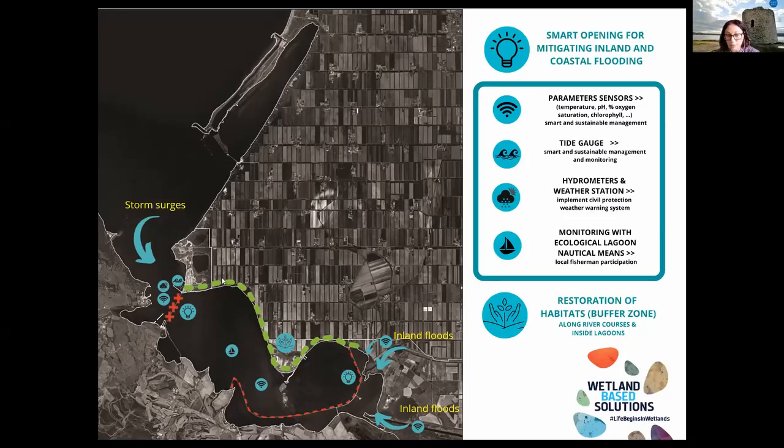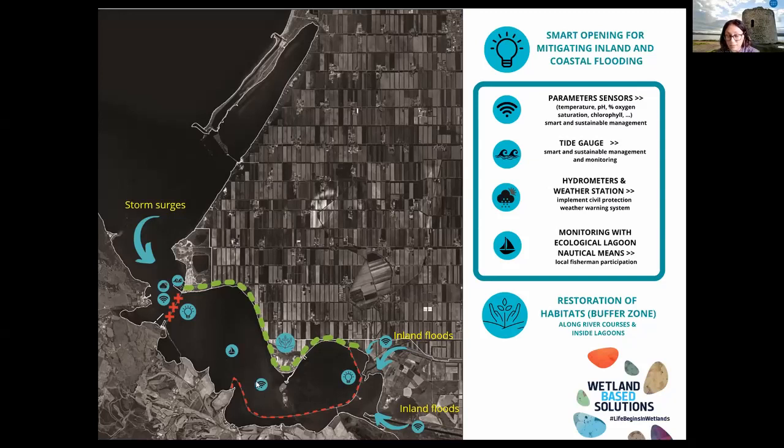This system will work also in the opposite sense. So when excessive rainfalls flow through canals and rivers into the pond of San Giovanni, we'll be able to open the gate to let fresh water flow into the lagoon.